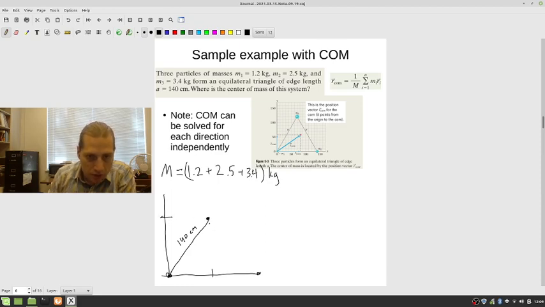Okay, so because we know it's an equilateral triangle, this is going to be 60 degrees, this is 30 degrees, this is going to look like our 1, 2, square root of 3 triangle, where this one is our 60 degrees. Okay, so this is going to be 70 centimeters, and this would be 70 square root of 3 centimeters.